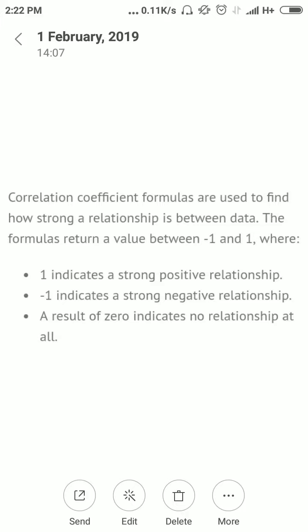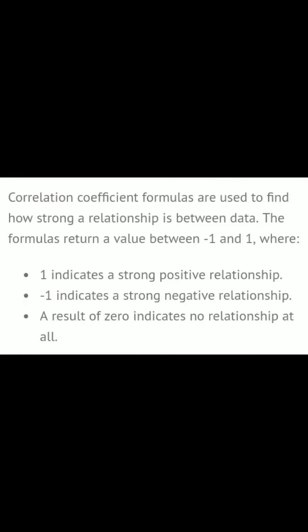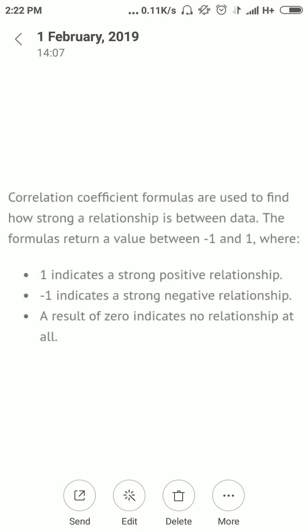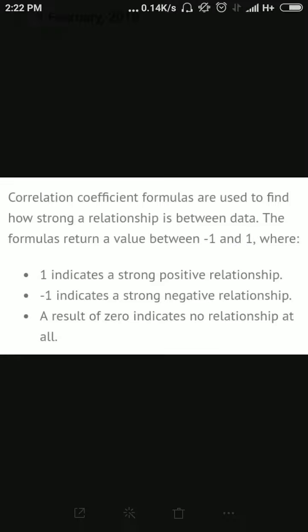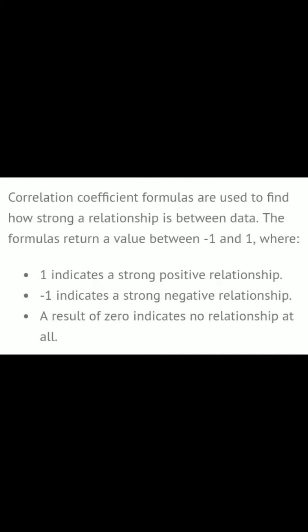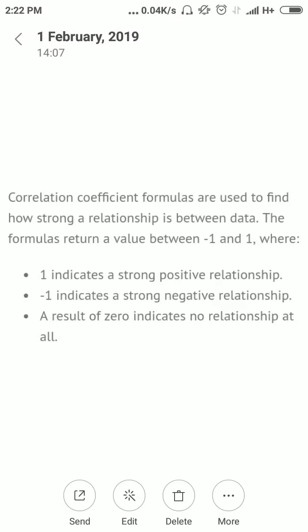And if there is no relation, that is zero correlation. So the formula returns a value between -1, as I have already said, 0 and +1. The value will range from -1, 0 to +1.